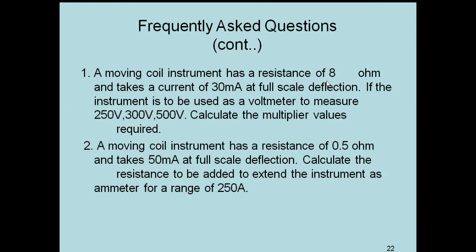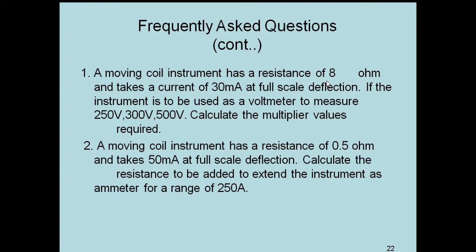Next problem, sir. A moving coil instrument has a resistance of 8 ohms and takes a current of 30 milliamperes at full scale deflection. If the instrument is used to measure 250 volts, 300 volts, 500 volts, calculate the multiplier values.